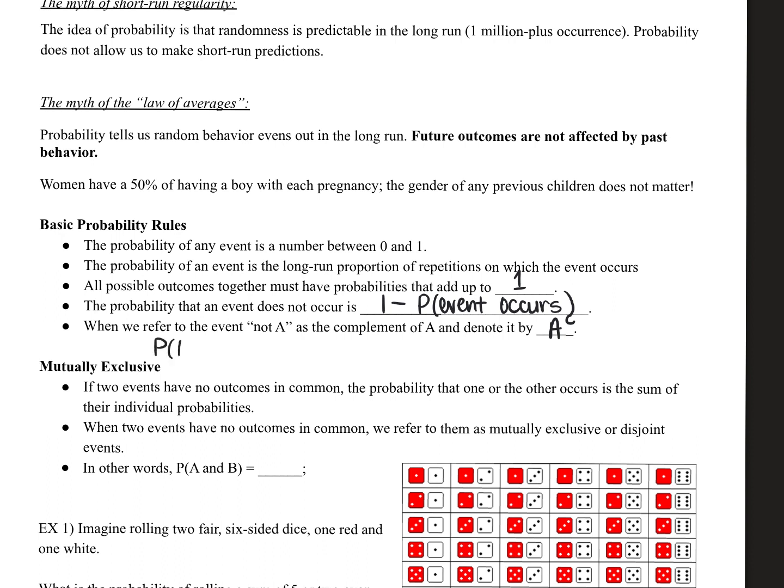The probability of event A is 1 minus the probability of not A. Or you can think of the probability of not A being 1 minus the probability of A. Or we know that the probability of A and the probability of not A have to add to 1. So all of these statements mean the exact same thing.